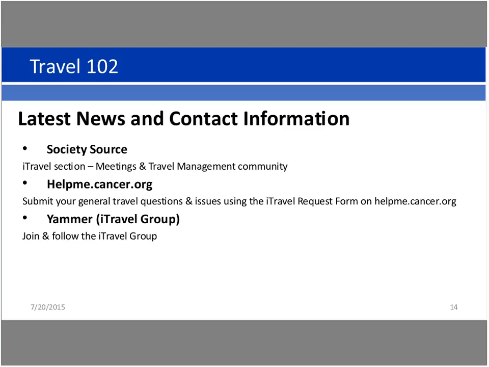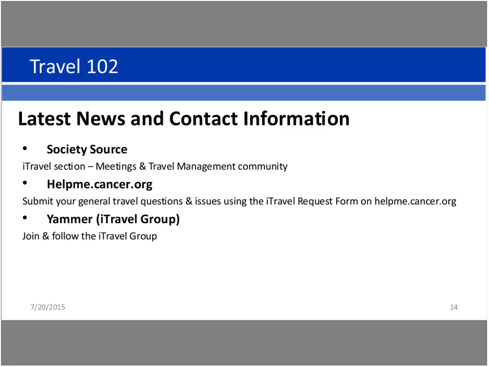It bypasses the regular help desk. We realize that travel is often time-sensitive, so by following these steps, you're going to get to someone much quicker than going through the regular support ticket process. Just think iTravel, request form, and then you're going to be able to get to us very quickly.